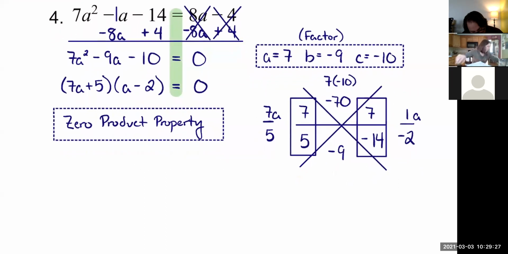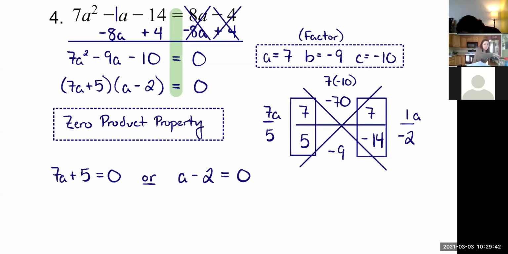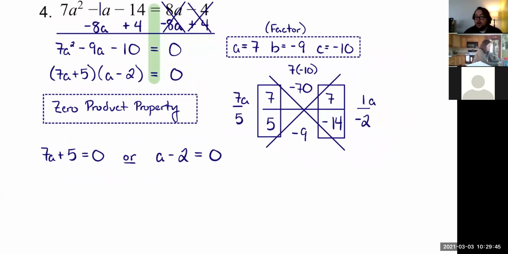So either the 7a plus 5 will have to equal 0, or the a minus 2 will have to equal 0. Again, we don't care which one is true. We consider both.